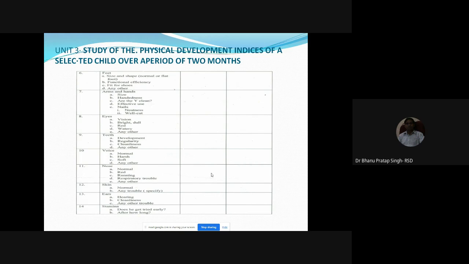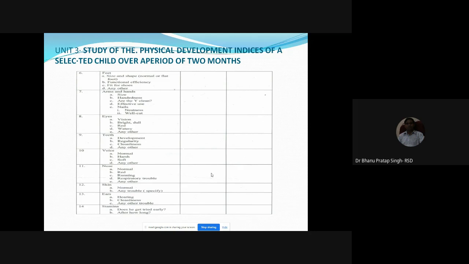Arms and hands means what is the size of the hand, and handedness, whether it is clean, effective use, and the nails, whether nails are clean or not, whether they are well cut or not. So these you have to write in your proforma.